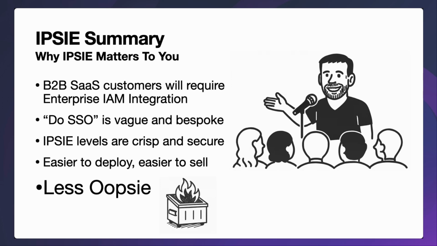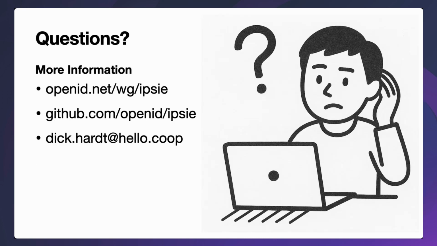So you could say, I support IPSIE SL2, and the enterprise says, yep, that's what I need. That will dramatically lower the costs in selling and make it easy to deploy, because we'll have standardized a number of different levels as opposed to each of those being different. And of course, one of the huge benefits of IPSIE is we'll probably get a lot less oopsie.